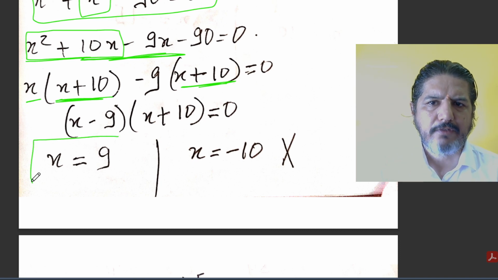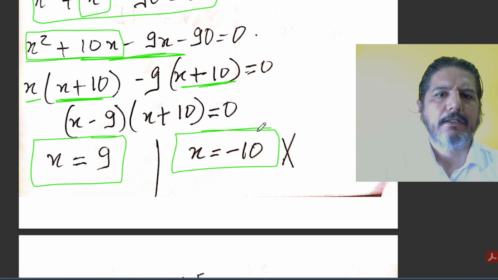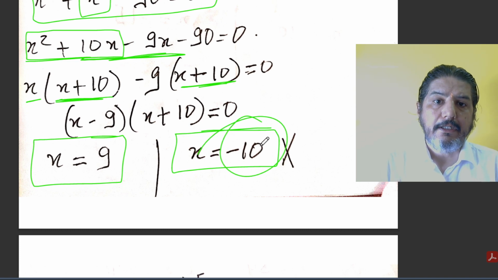Because it's a quadratic equation, you will always have two answers. Now what you need to understand is that your present age you have assumed to be x, so it can't be negative.